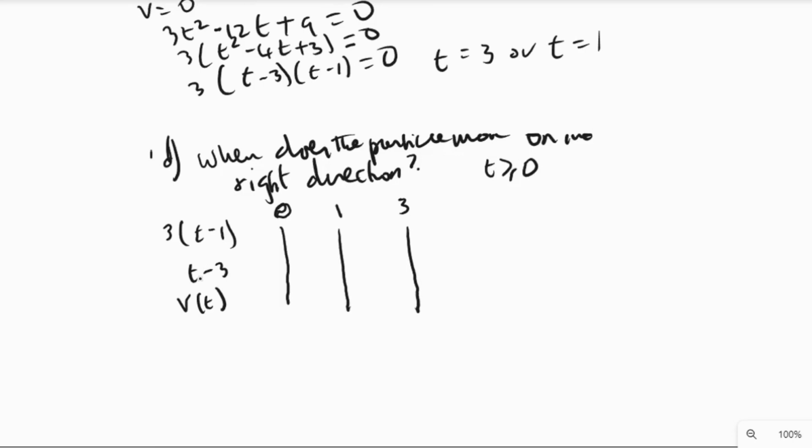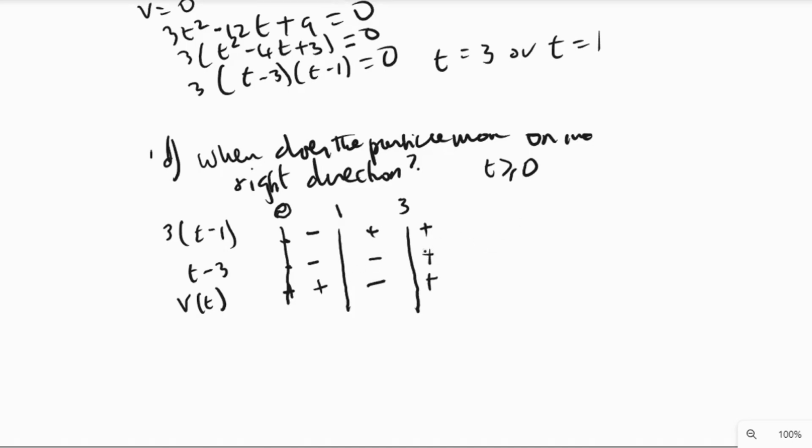So between 0 and 1, this will be negative, this will be negative, and negative times negative is positive. It will be positive here. Then this will be positive, this will be negative, this will be positive.